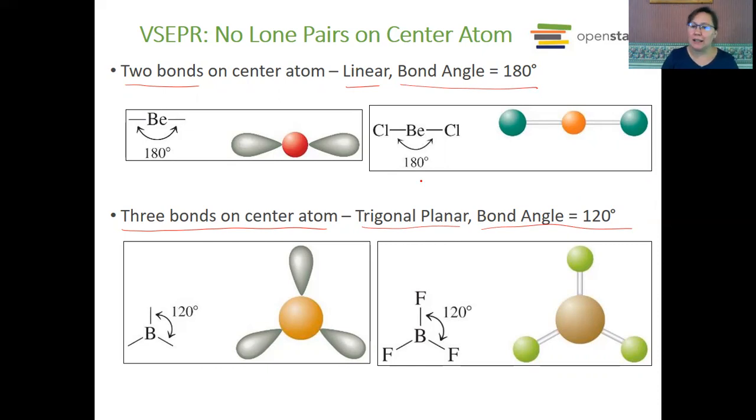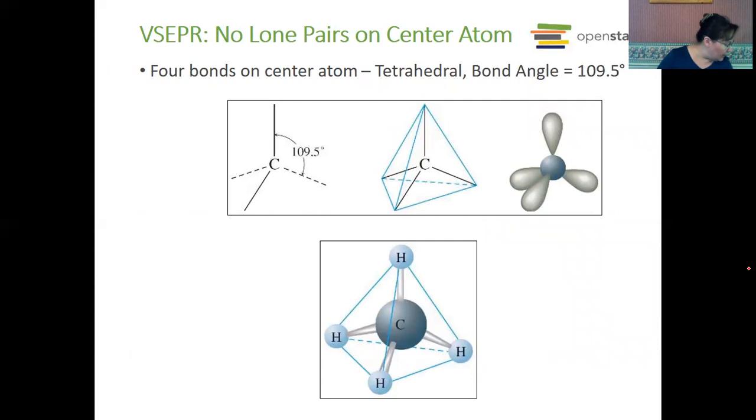When you do the lab for this chapter, whether you do it in person in the lab or whether you're looking at it in the videos, you will get a lot of practice with this, and the lab really helps cement these concepts. The next thing that we have is 4 bonds on our central atom, and one of those could be methane. And here is an example of what that looks like.